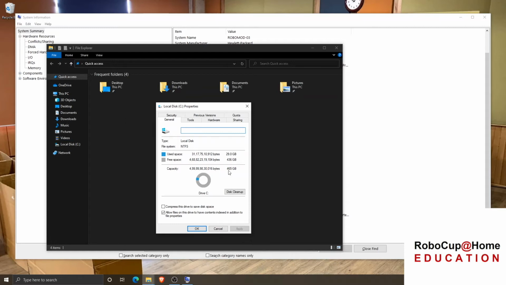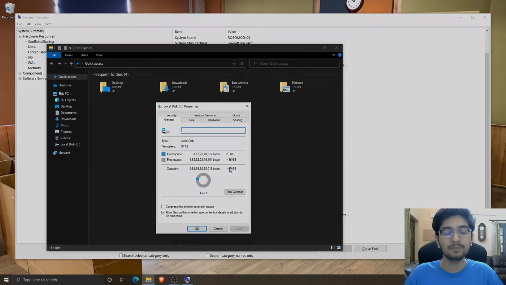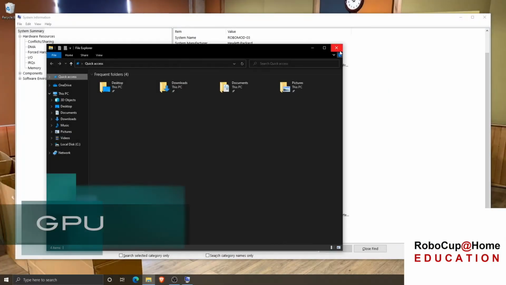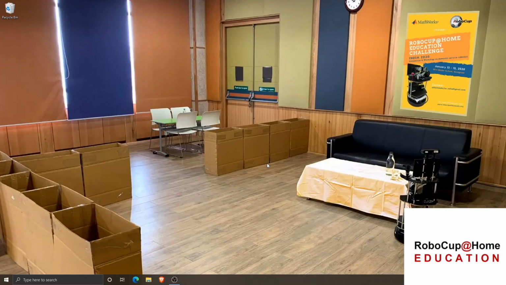Over here you can see that it's all around 500 GB, and the recommendations over here are between 250 to 500 GB of total disk space. It can be either a hard drive or an SSD. You should not have a storage space below 250 GB because you will be partitioning it to have both Windows and Ubuntu installed.